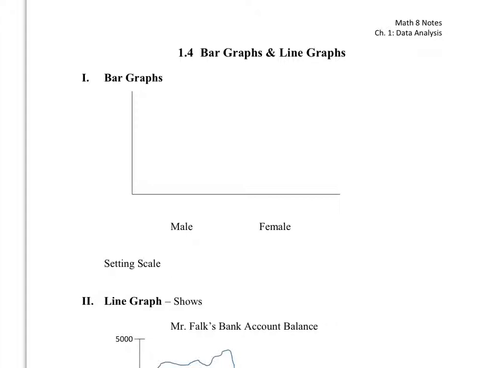So on our vertical axis, we'd want to pick a number that's easy to divide and that fits everybody. So what number would we use? We've got 10 guys and 6 girls. What number would be an easy one to use that would be able to include everybody? 20? 15? 10? 15?